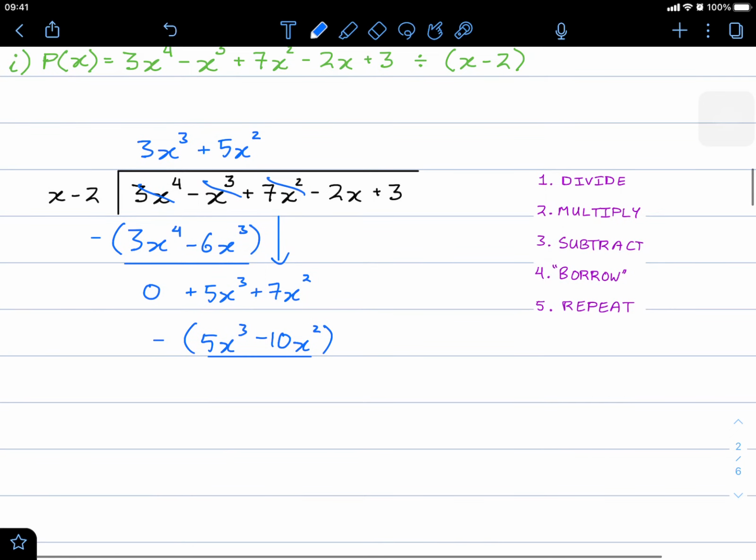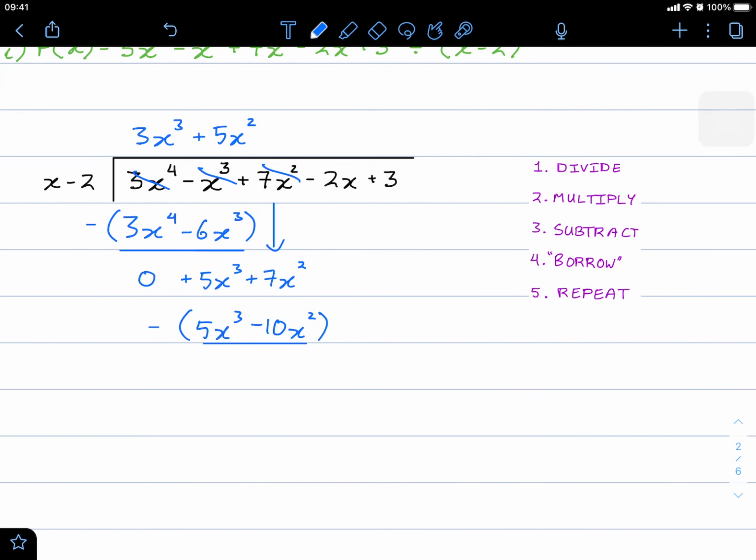So, moving right along. Subtracting this, 5x cubed minus 5x cubed is 0. 7x squared minus negative 10x squared, that's going to be 17x squared. We're finished with the subtraction. We borrow the next term and we write it as negative 2x.